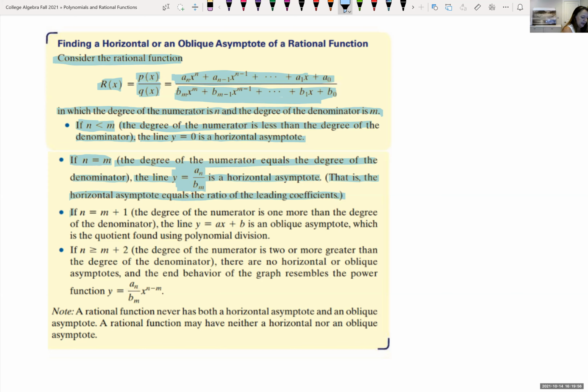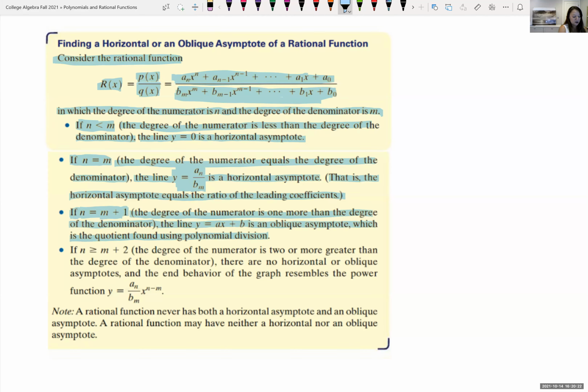If n, which is the degree of our numerator, is equal to 1 more than the degree of our denominator, the line y equals ax plus b is an oblique asymptote, which is the quotient found using polynomial division.